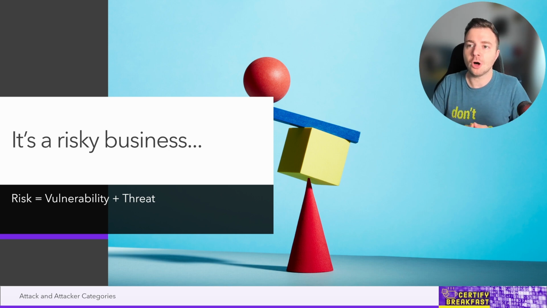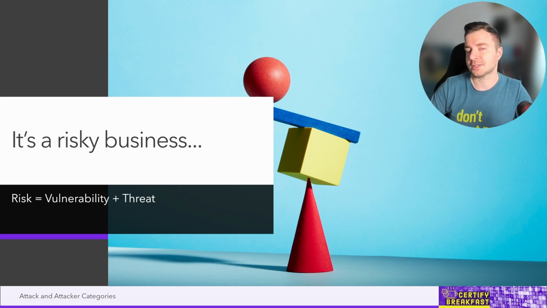It could be a flaw in hardware, it could be a software vulnerability, it could be a misconfiguration. It could be that you're lacking some sort of security control, that you simply forget to enable encryption on a link, for example. It could be the fact that we're not validating, we're not checking the input that we're receiving from our users. It could be any number of things. But a vulnerability is a weakness that could be exploited by an attacker.